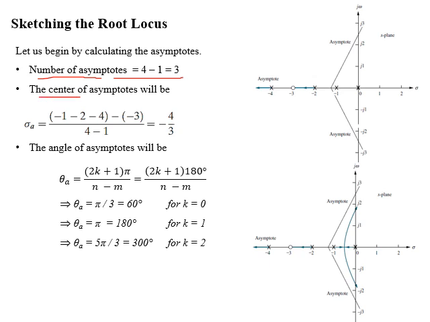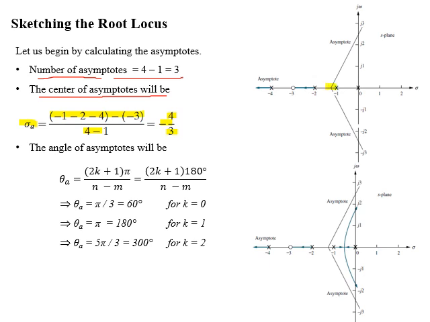Now the center of asymptotes will be the sum of finite poles minus the sum of finite zeros, divided by the number of asymptotes, and this is equal to -4/3. This will be the center of asymptotes on the real axis.